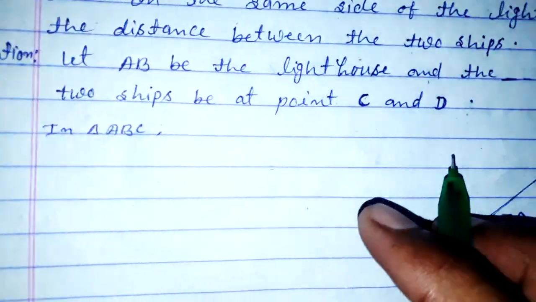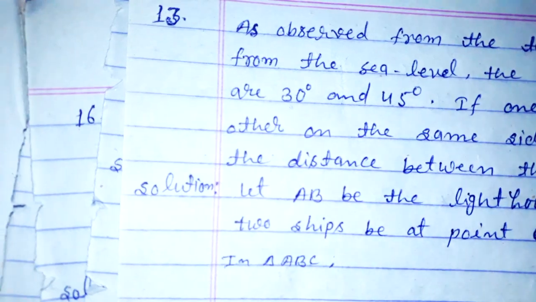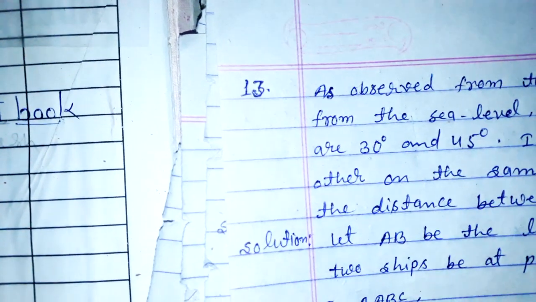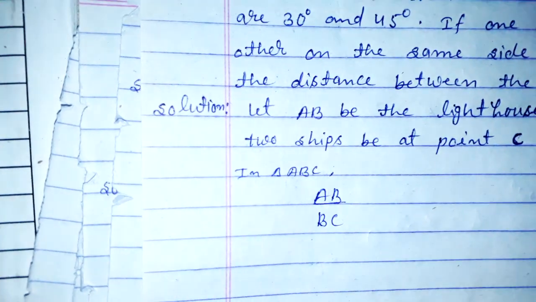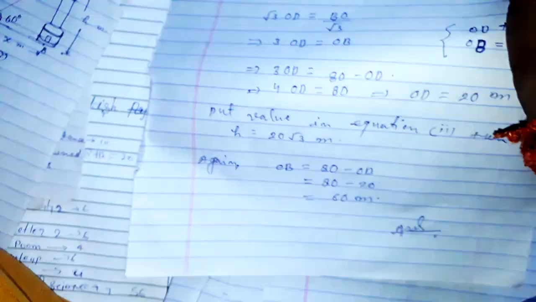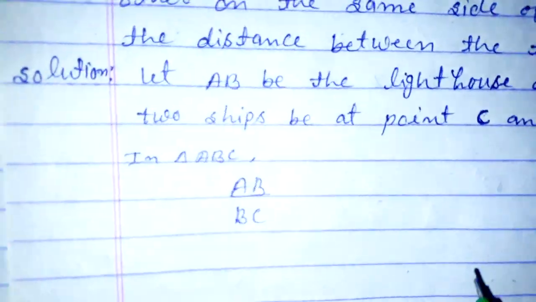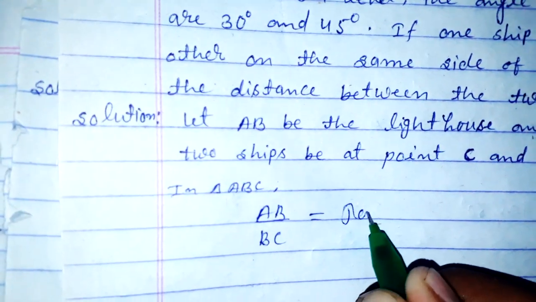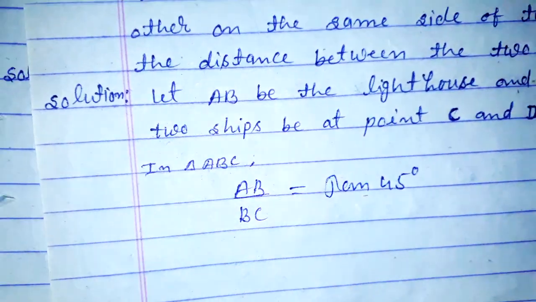So in triangle ABC, AB upon BC is tan 45 degrees.